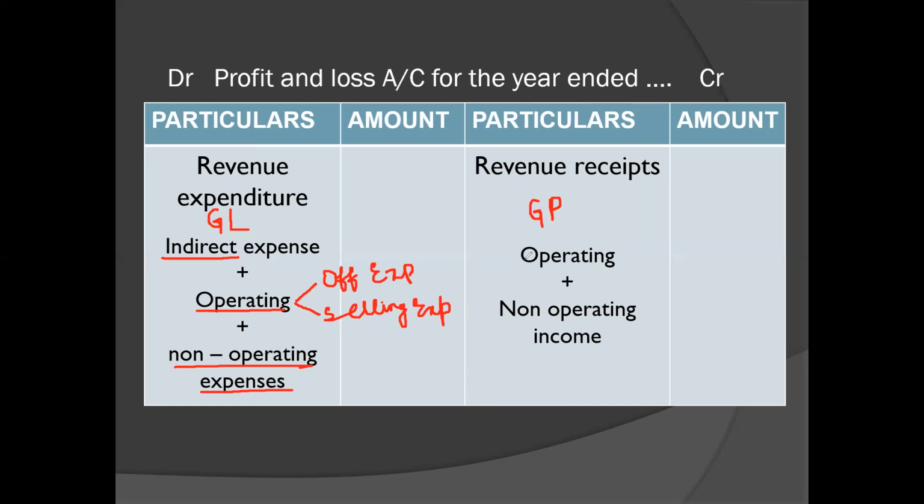And to this gross profit we add indirect operating incomes and other non-operating income. Other non-operating income means your dividend received, interest received, commission received, rent received. So all the non-operating incomes are shown on the credit side of our profit and loss account. Now this was just a brief outline of profit and loss account.